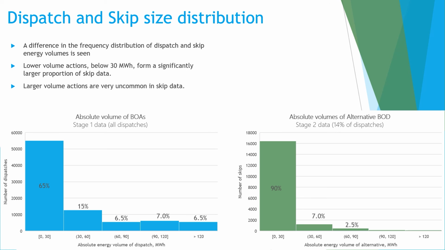So you can see there's a difference. You can see that smaller actions below 30 megawatt hours form a significantly larger proportion of the skip data. And then also you can see that larger volume actions above 90 megawatt hours are almost entirely absent from the skip data.